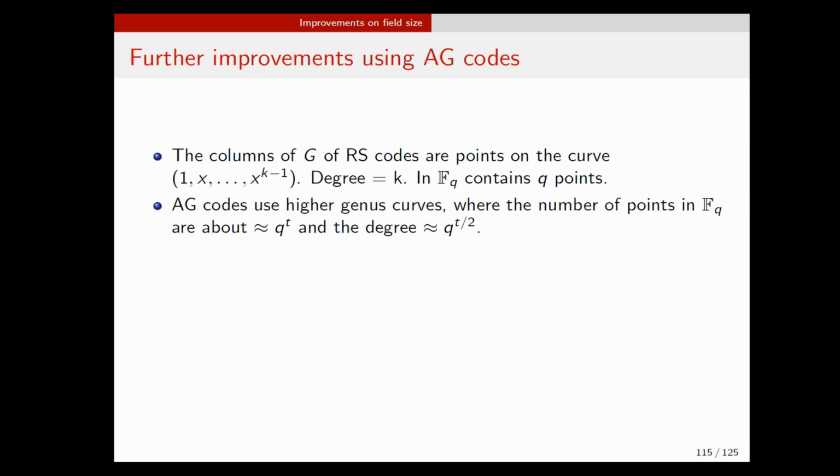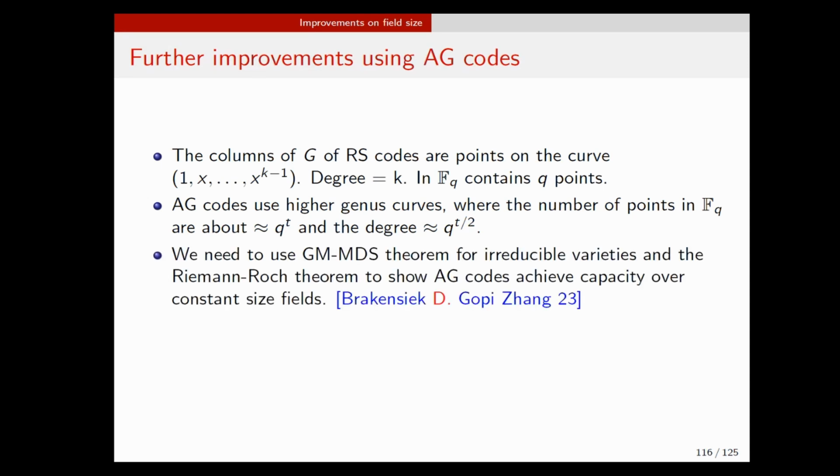But basically, AG codes have this very nice property where you can have q to the t points in F_q, where t is some parameter, while the degree is q to the t over 2. And having this nicer trade-off between the number of points in the field and the degree lets you do this whole story, but for AG codes.